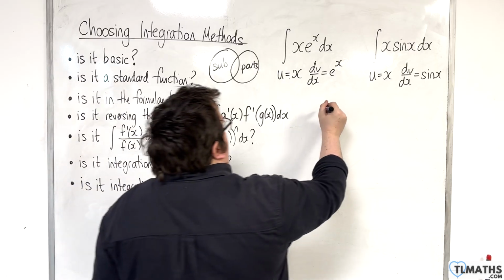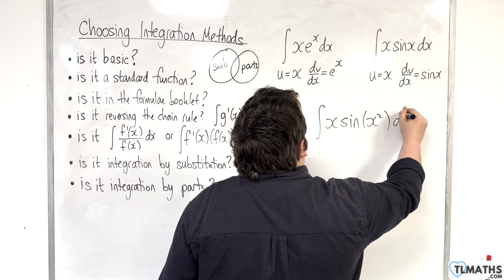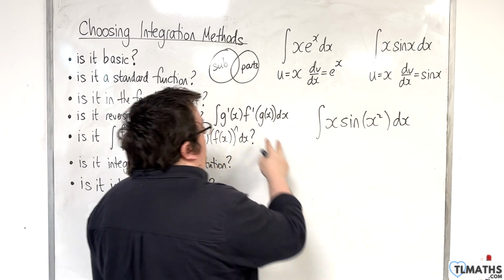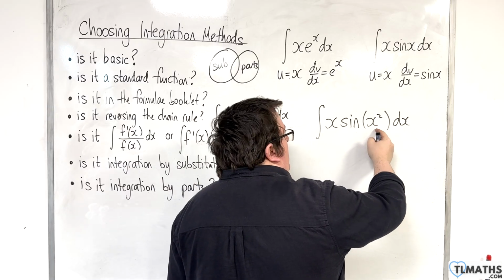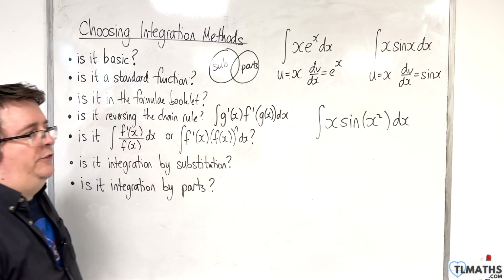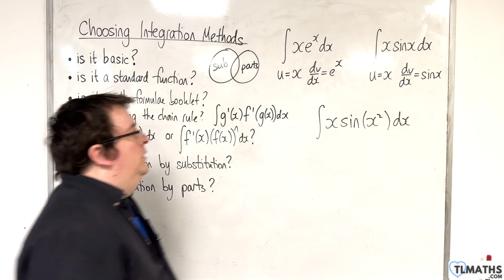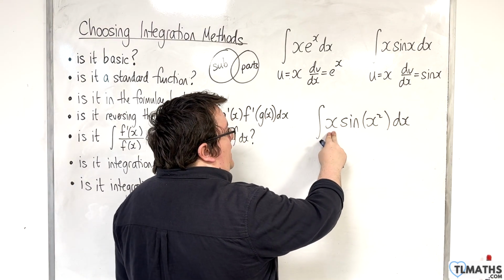So, in integrating x sine of x squared, the way I would go about that is thinking about it like this, where I know I've got the x squared differentiating to a multiple of x on the outside. That's the key thing I'm looking for. Does the interior function differentiate to what I've got on the outside?